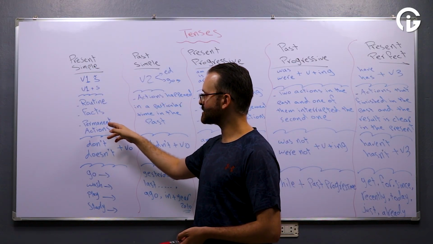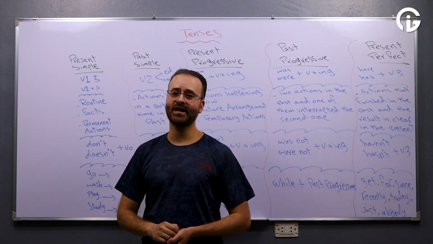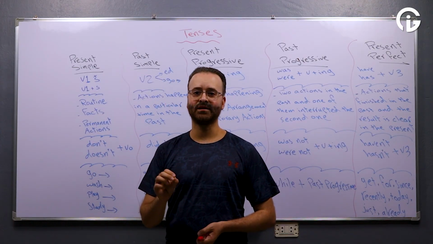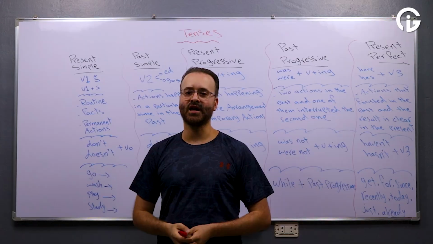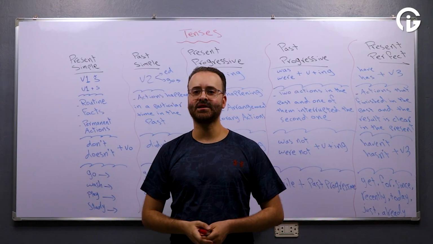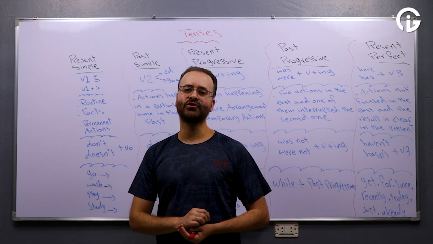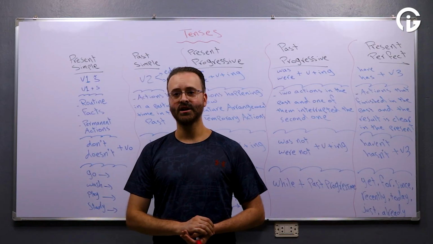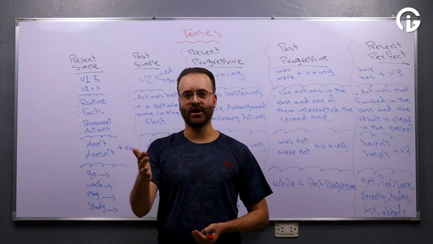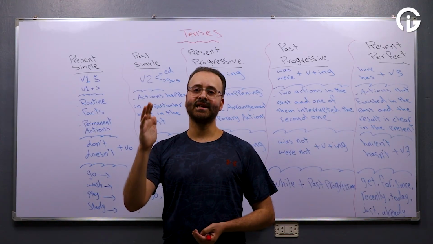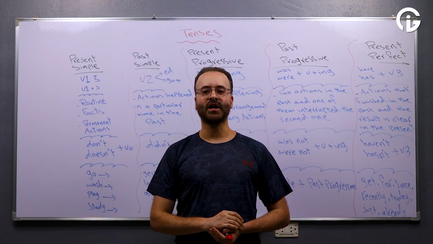And the last one is permanent action. Permanent action means أفعال دائمة ليست مؤقتة, so it happened for a long period of time. For example, you as a student, you are 14 or 15 years old, so you live with your parents. Parents means father and mother. So I can say, I live with my parents.